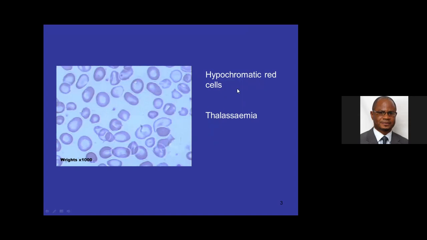And so hypostaining is related to the hemoglobin content, which is what picks the stain. So if you look here, the center pallor is very, very large. There's bigger space, meaning the hemoglobin is just around the edges of the cell. And we see hypochromic or hypochromatic cells in thalassemia cases.